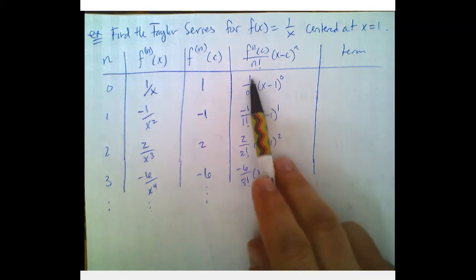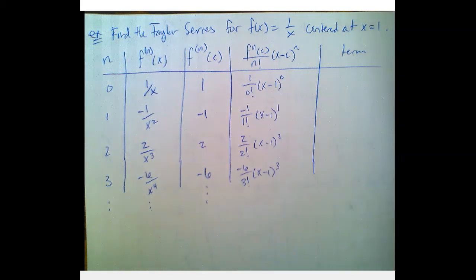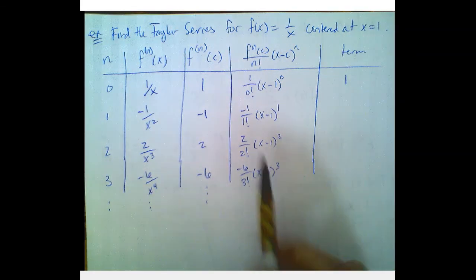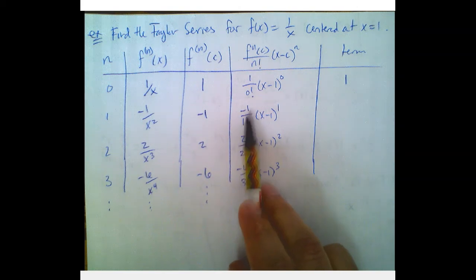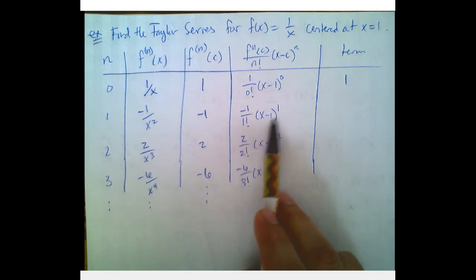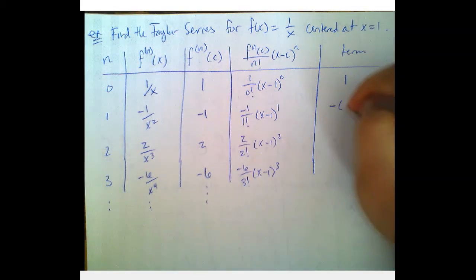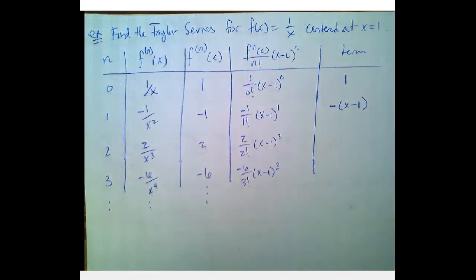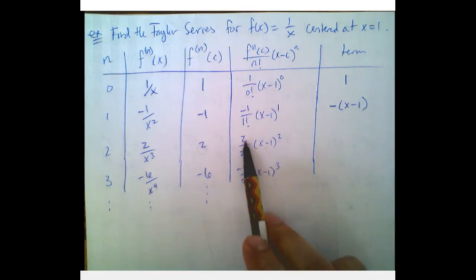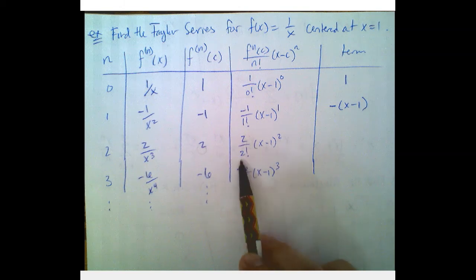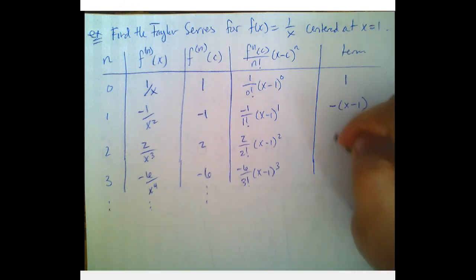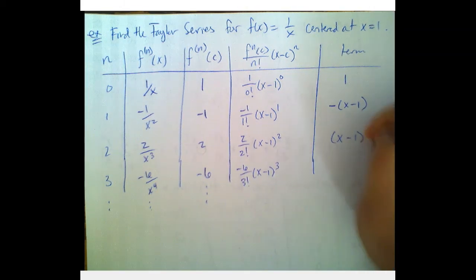Alright, so if we look, this is 1 over 1 times 1, which is 1. This is going to be negative 1 times x minus 1 to the first, so negative x minus 1. 2 over 2 factorial, well, 2 factorial is 2, so 2 over 2 is just 1 again, so this is plus positive x minus 1 squared.